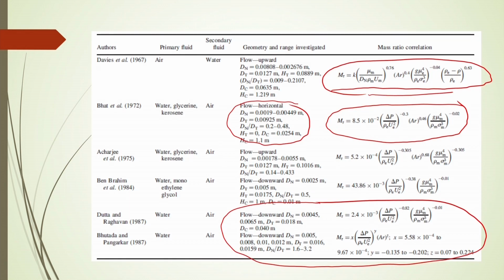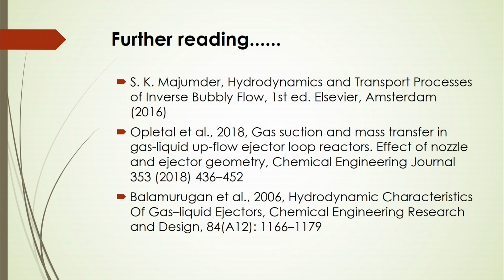So, this is a very interesting application where you can intensify the chemical engineering process by the ejector system in the downflow system. I would suggest you read further about this ejector system in this book: how bubbles form in the inverse bubbly flow system, how they flow inversely, and how it can be applied for intensification of different chemical engineering processes.